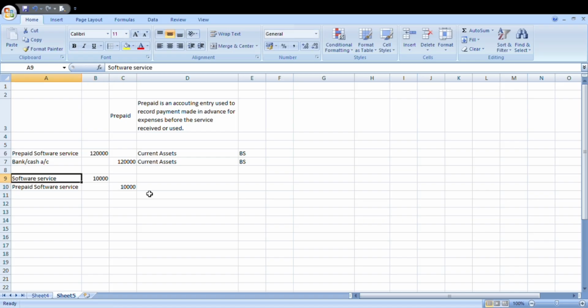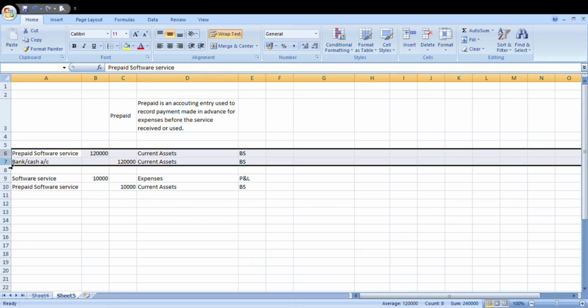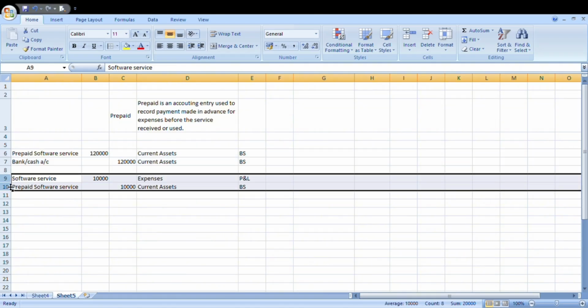So every month we'll book 10,000, 10,000, 10,000. This is the expense, in the P&L, and this is the current asset, in the balance sheet. This prepaid amount we are amortizing every month.